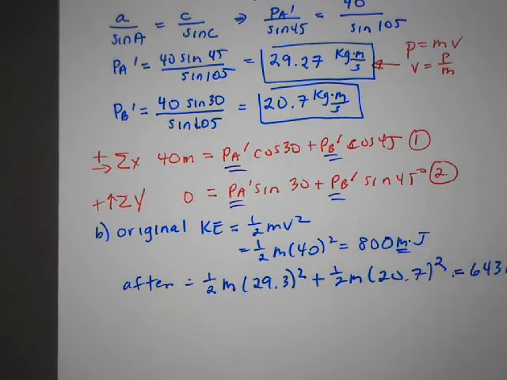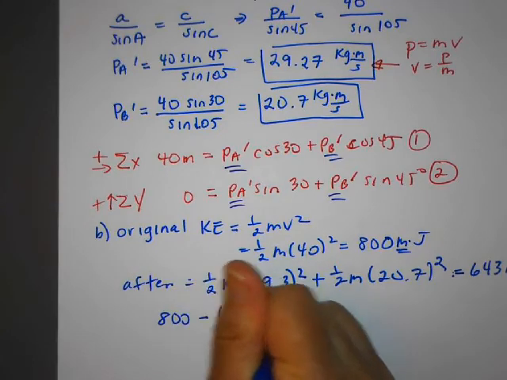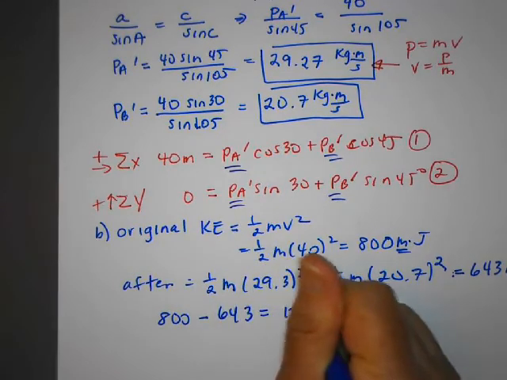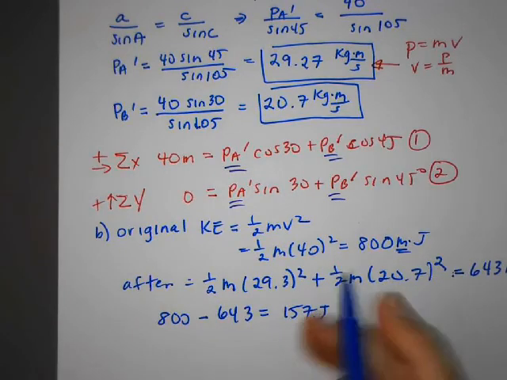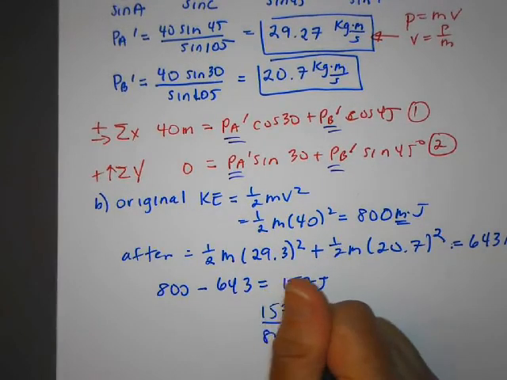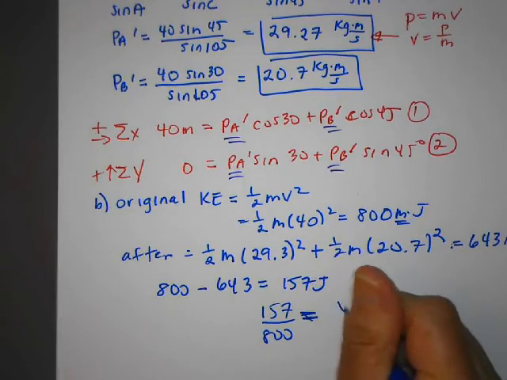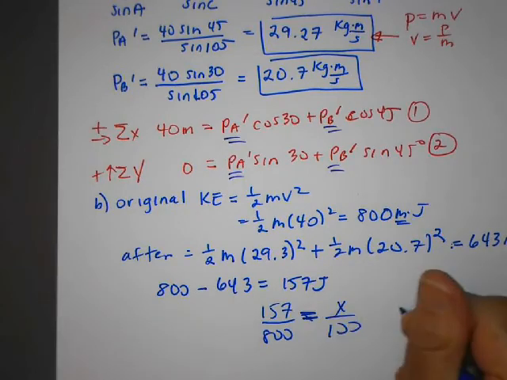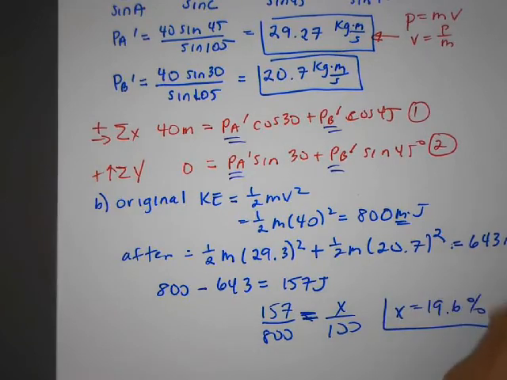So then what I do is I subtract it, and I say 800 minus 643 is about 157. And then they want the percentage. So then you find the percentage of this over 800. And remember, percent means something over 100. So then you find out that this is about 19.6%, which, that question's weird.